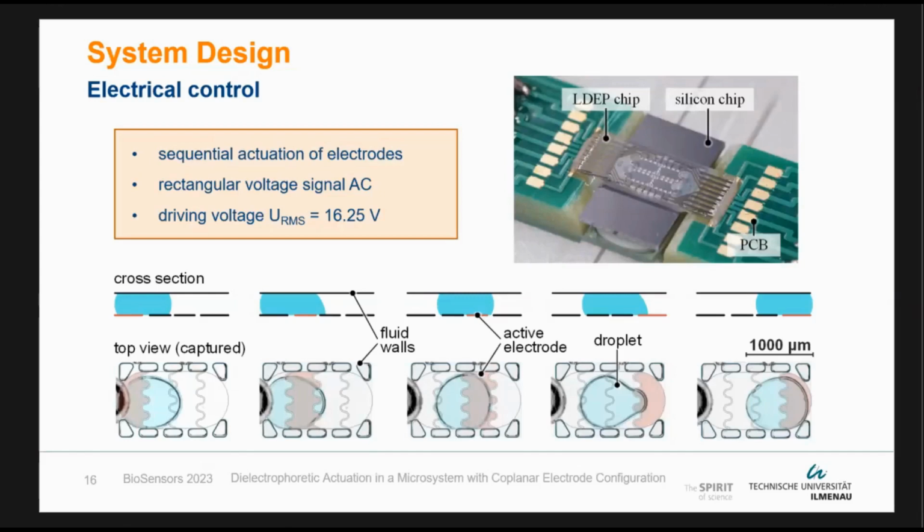Here we can see actual captures from high-speed video imaging. The activated electrode is highlighted in red, and when we activate the droplet at these electrodes, the droplet changes its shape and is dragged towards the active electrodes, and can then move from one position in the cell to another, and of course also vice versa.